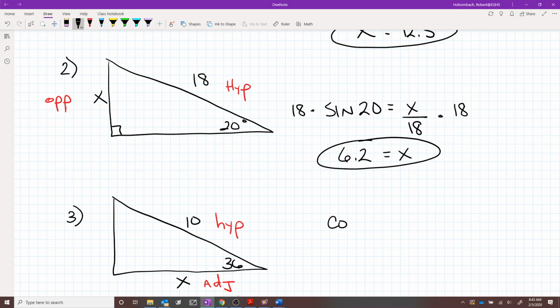So cosine of 36 equals the adjacent side over the hypotenuse. And again, here you can multiply both sides by 10. Your 10s on the right will cancel. 10 times cosine 36, 8.1 is equal to x.